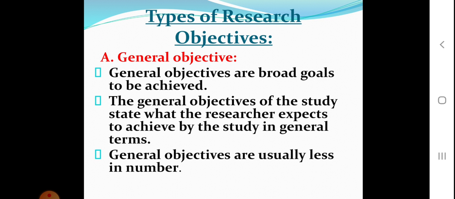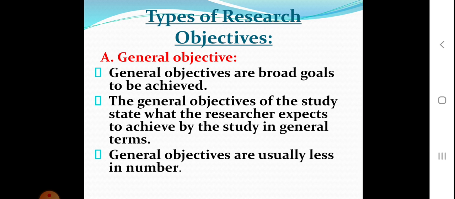Mainly in research work, dear students, we can see two types of research objectives. The first one is general objectives, and the second one is specific objectives.